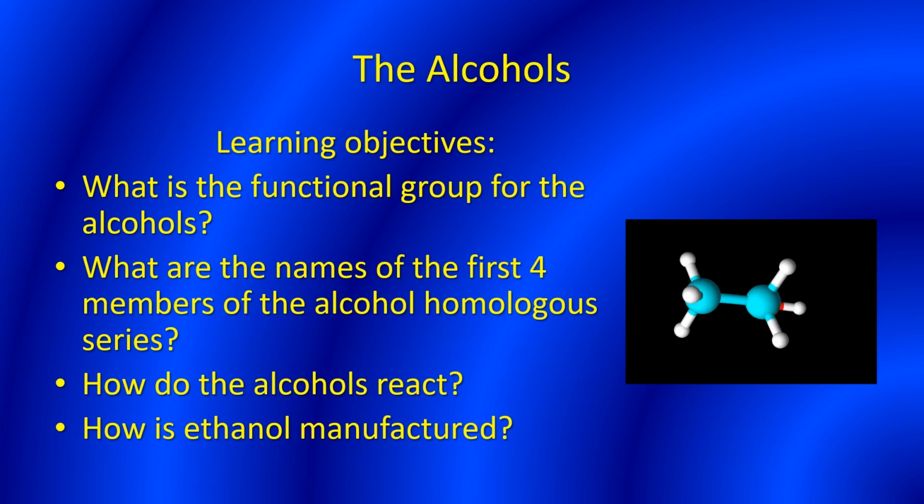Okay, so in this video we have studied the alcohols, so hopefully now you've got an understanding of the functional group for the alcohol homologous series. You know the names of the first four members of the homologous series. We've studied their reactions, specifically their oxidation reactions, three different reactions: combustion, microbial oxidation, and oxidation with an oxidizing agent.